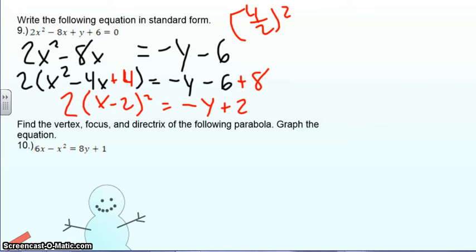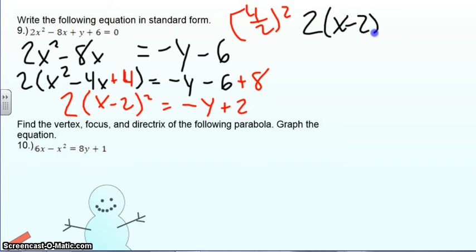And then remember, we want the number to be in front of the squared term. So what I'm going to do is, usually there's no number in front of the y or the x, the term that's alone. So since the y has a negative in front of it, I need to factor the negative out. So I'm going to have a 2.